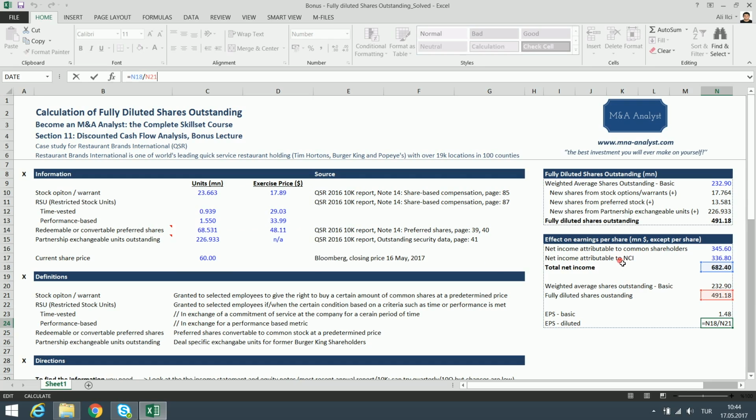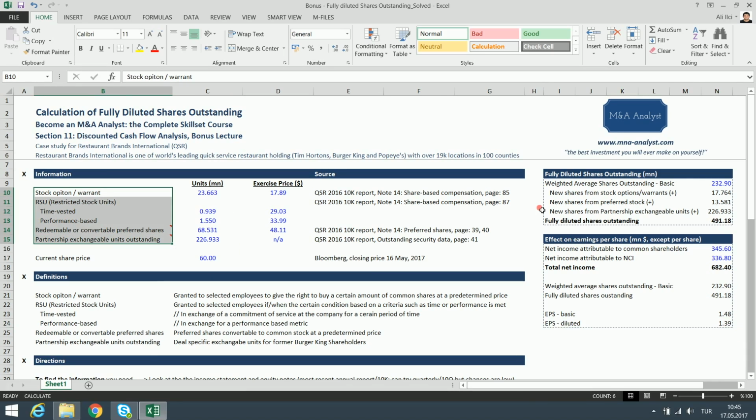So we have to include the net income, which was attributable to non-controlling interest, but is now attributable to common shareholders because these guys converted their shares. So we divide the total net income by the fully diluted number of shares, and we get a lower earnings per share because when the in the money options and the convertibles are converted into common shares, we will have more shares and the earnings per share will go down.